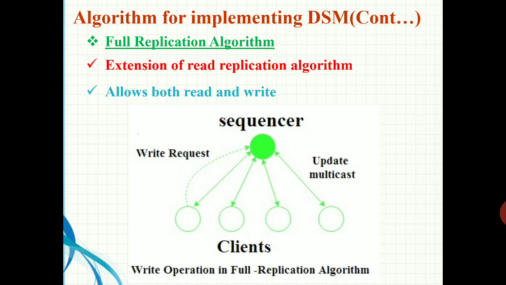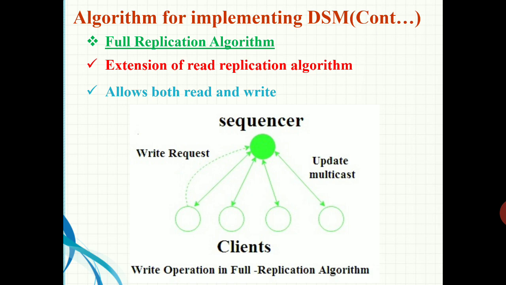To maintain the consistency, it can use a gap-free sequencer. Here in the system, we use a sequencer called a gap-free sequencer, in which every node wishing to modify the shared data sends the modification to the sequencer, which then assigns a sequence number and multicasts the modification with the sequence number to all nodes that have a copy of the shared data.